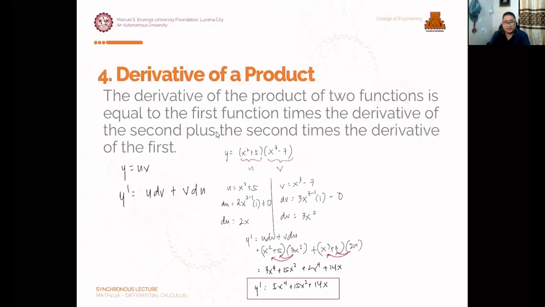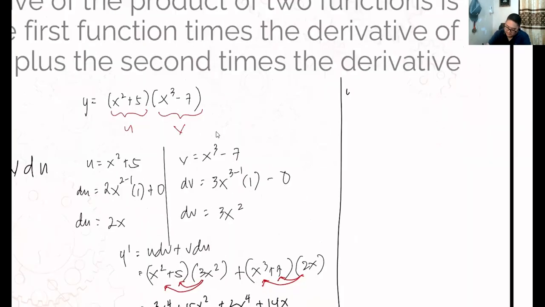Yan po yan. So kung halimbawa, ayaw mo naman gamitin yung derivative of product, di gawin mo, pwede mong i-expand, no? May choice ka naman eh. Kasi mathematics tayo, pwede. Basta merong ina-allow siya, pwede natin gawin. Okay? So, distribute muna natin.